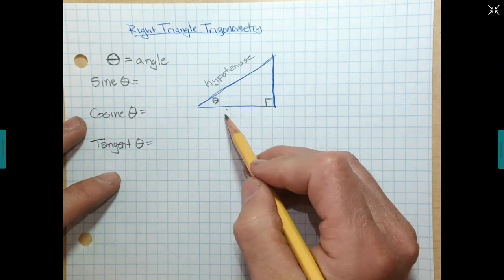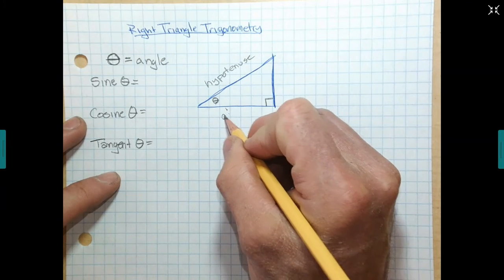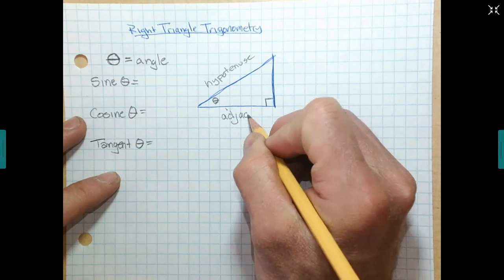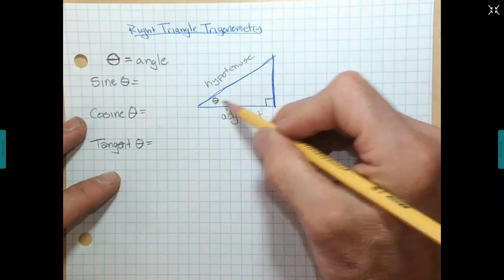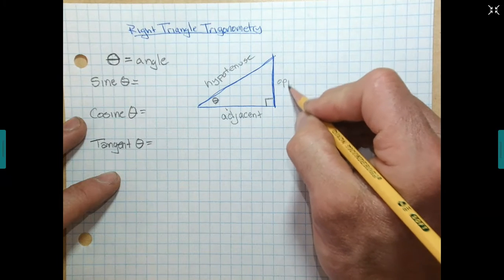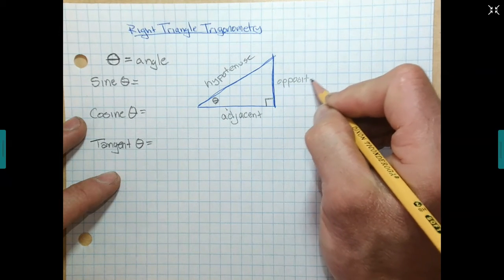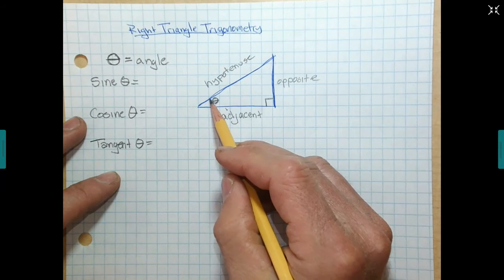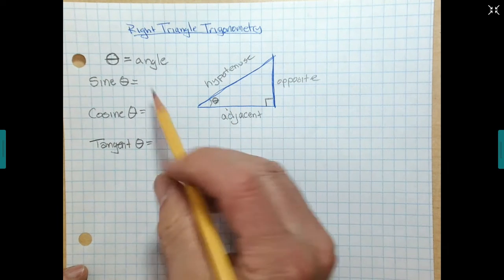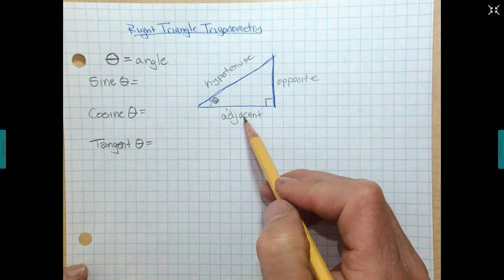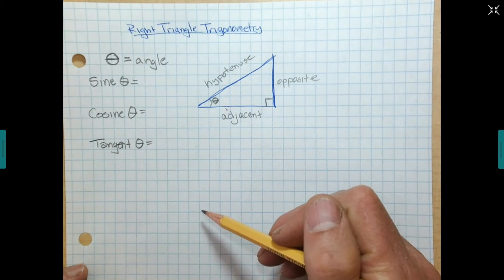Now, if this is our angle, labeled theta, this side length is going to be adjacent, and this side length is opposite. So the sine of this angle has to do with adjacent, opposite, and hypotenuse.